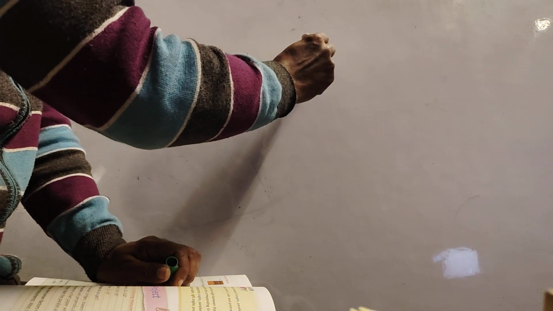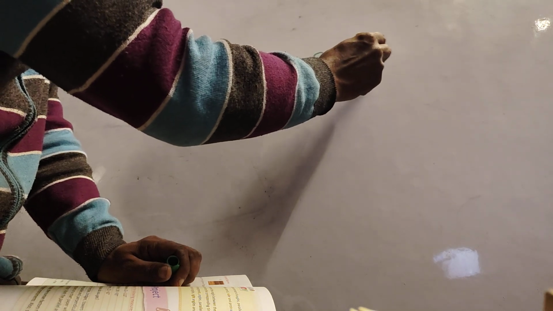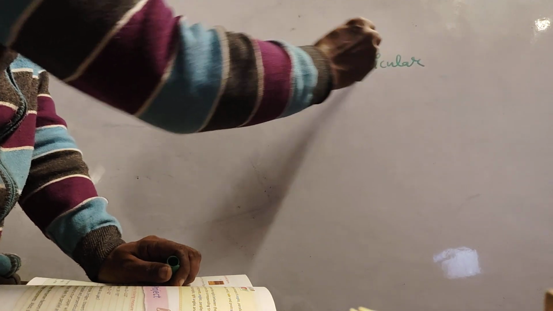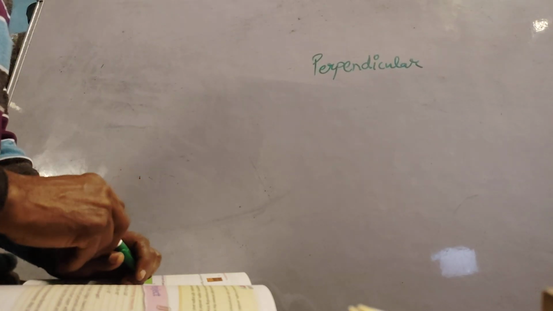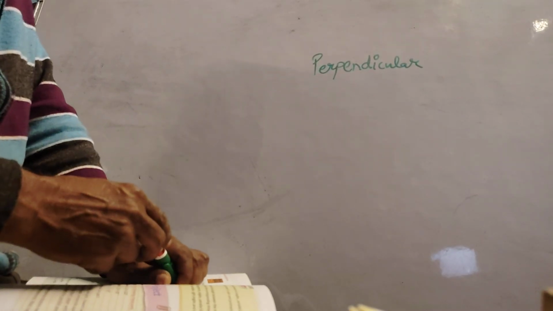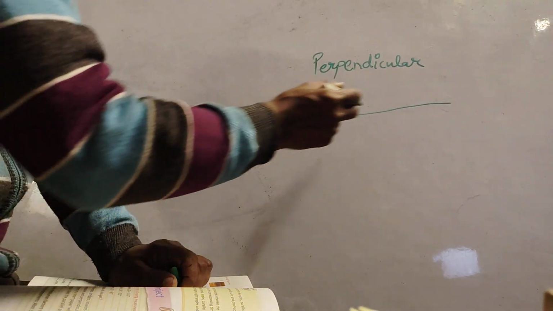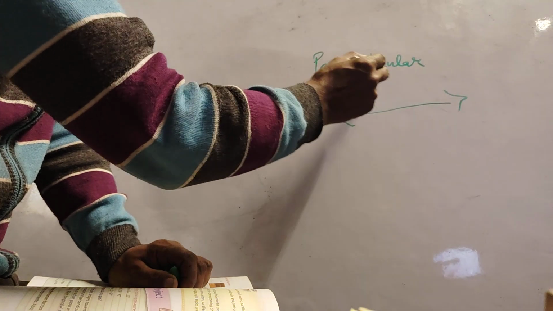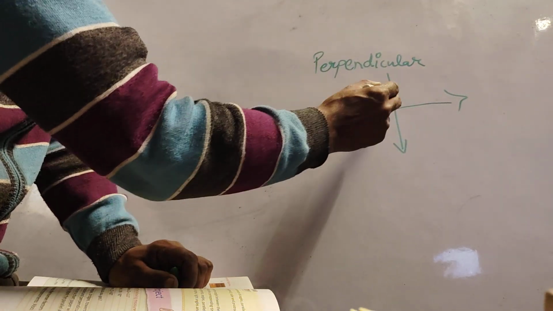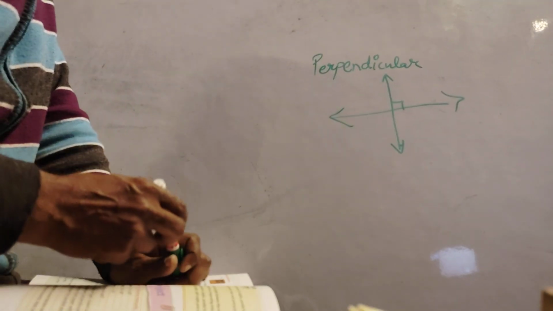Now, do you know perpendicular lines? If this is one line, and on this a right angle, meaning 90 degrees, is this another line, then both lines are perpendicular to each other.